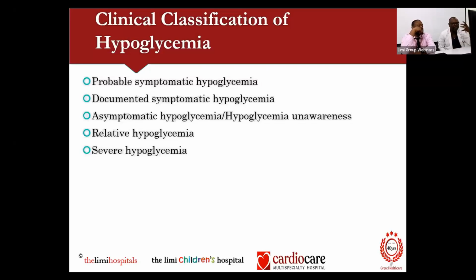The body adjusts itself to that very tight glucose level. Due to the fact that it's tight and on the low side, there is upregulation of glucose transporters to the brain. With upregulation, you have more glucose transporters moving glucose into the brain to maintain the body at that low glucose level. Now, what is the implication of this?